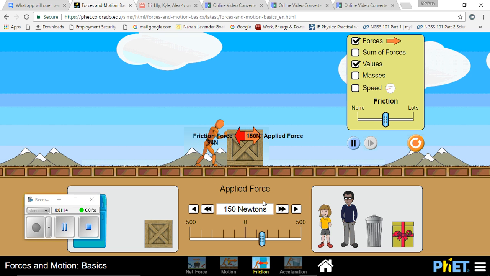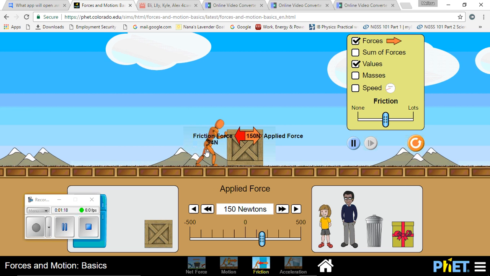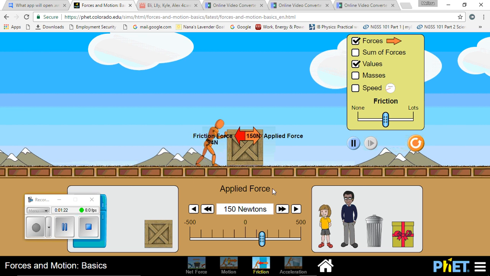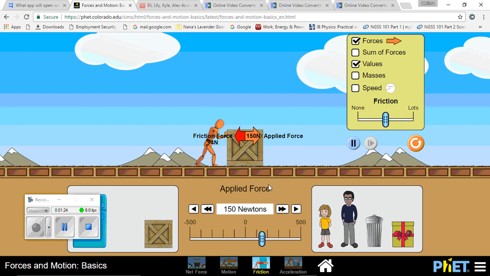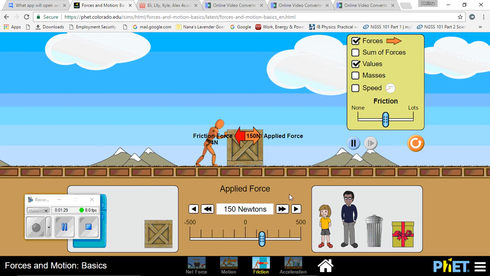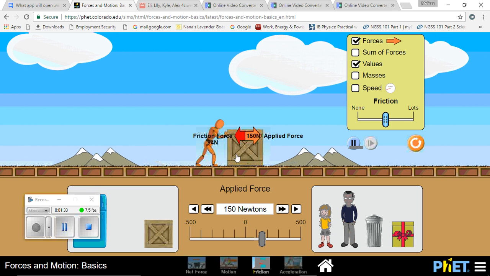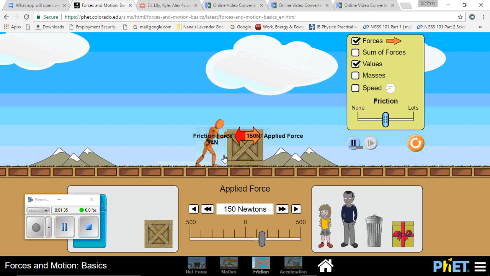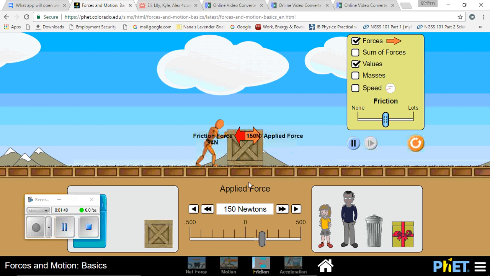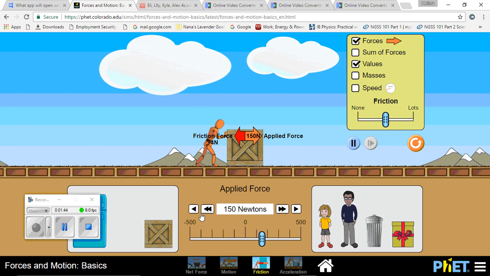My applied force is 150, but now notice that the frictional force has decreased to 94 newtons. And that's because it takes less frictional force to keep an object in motion than to keep an object stationary with static friction. And so this value has now changed into kinetic friction. And we're going to see what that means in the series of slides on the next screen.